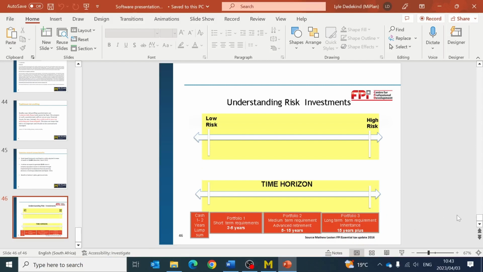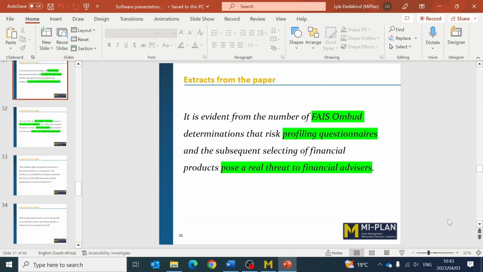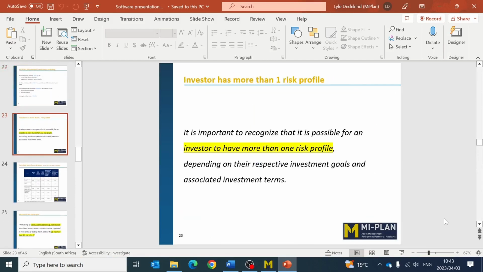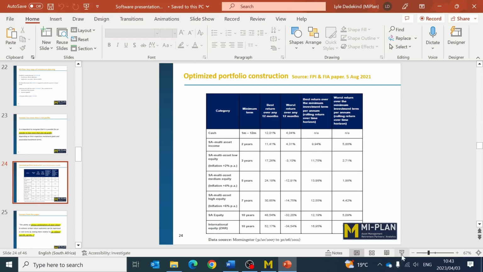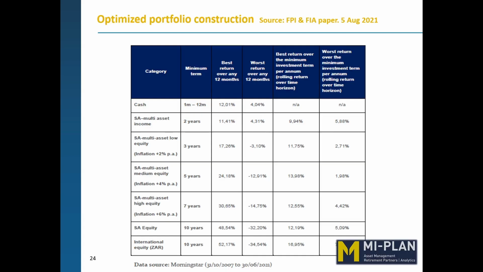And this, in fact, is very much along the lines of a paper that was written by members of the FPI and FIA, where they also illustrated how capital should be divided into these different categories based on the investment term. So money that Travis needs now, within the next 12 months to 2 years, we're going to put that into a cash category. There you've got money market funds, also some income funds.